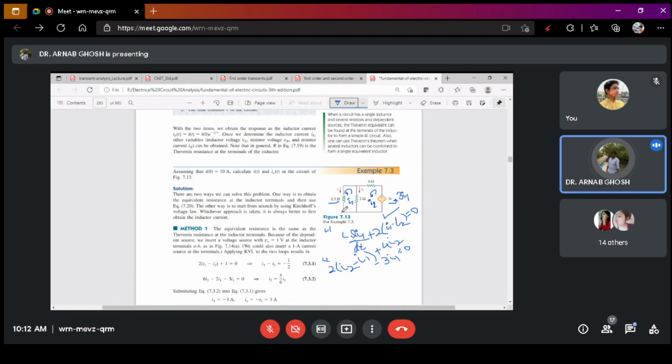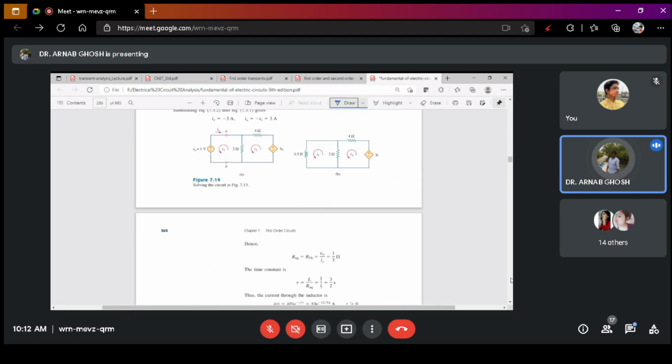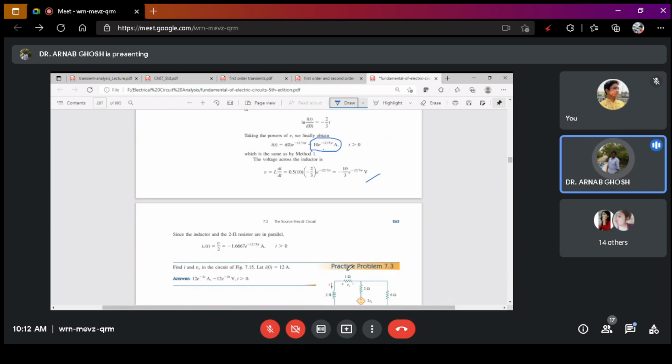You just put that across this branch and divide it by 2 and you will get the value of current. V by R is equal to Ix. That is V by 2, because this 2 ohm resistor is in parallel with the inductor.